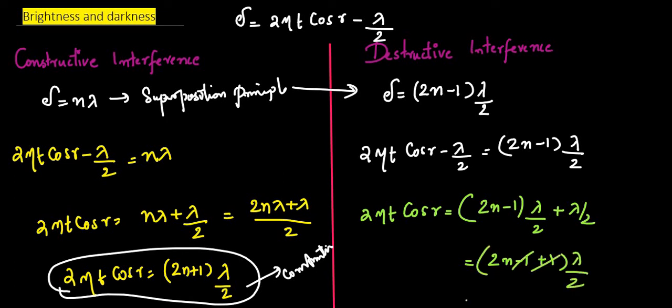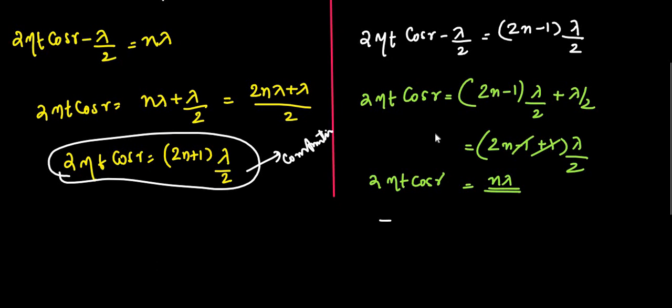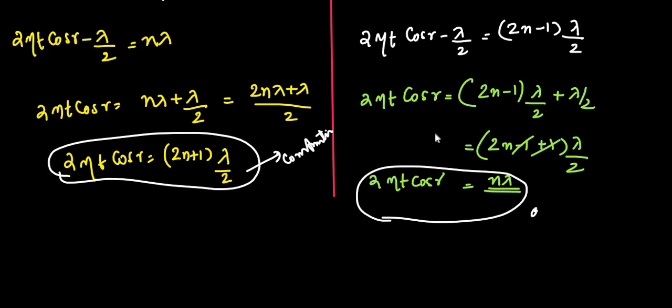This cancels, we get n. That is 2 mu t cos r equal to n lambda. That is the condition for destructive interference in the case of the thin film.